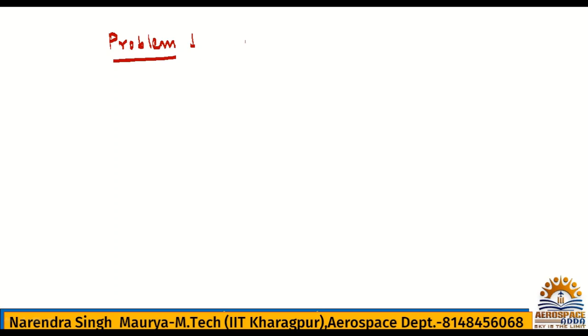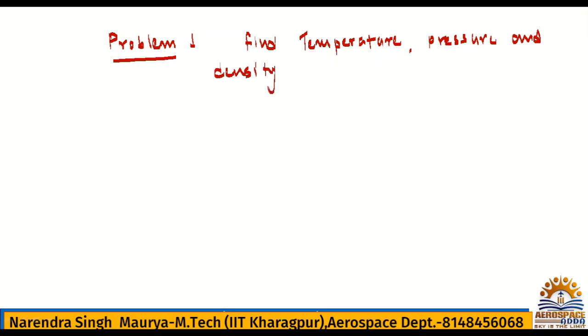Find the temperature, pressure and density at 4 km altitude from sea level.